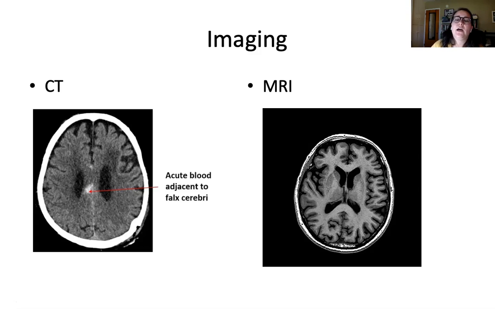Yeah, that's a great question. And there are some techniques that are allowing us to be more precise. So for example, there is a kind of imaging, and I don't remember what it all stands for, but it's called an FDG PET scan.